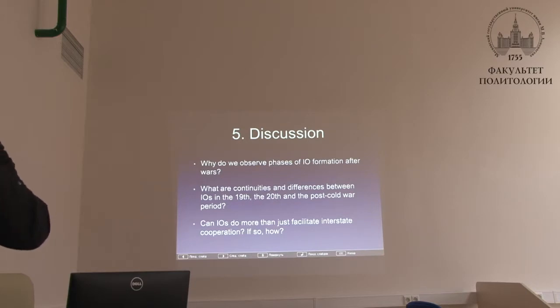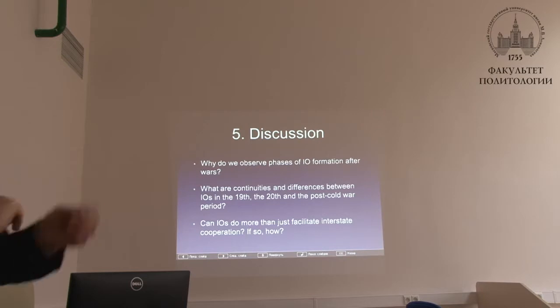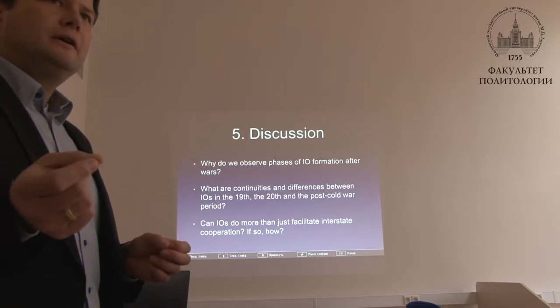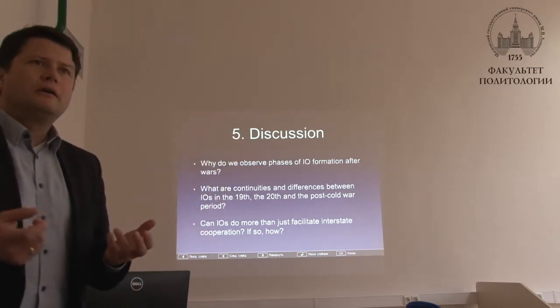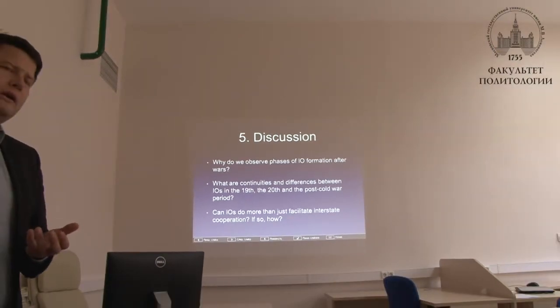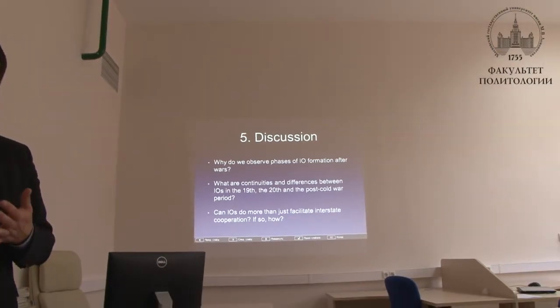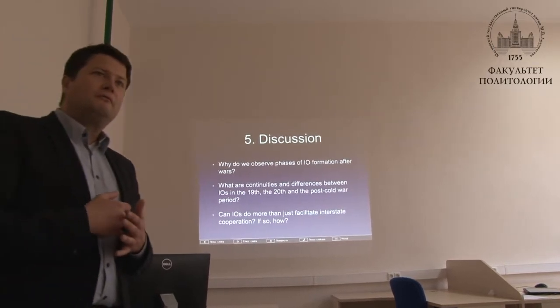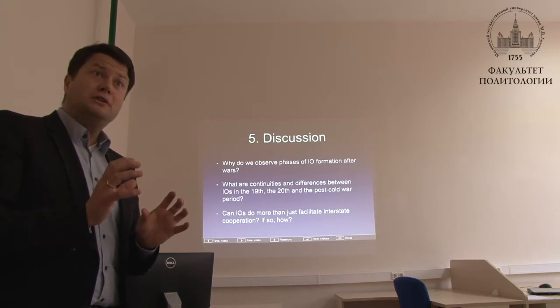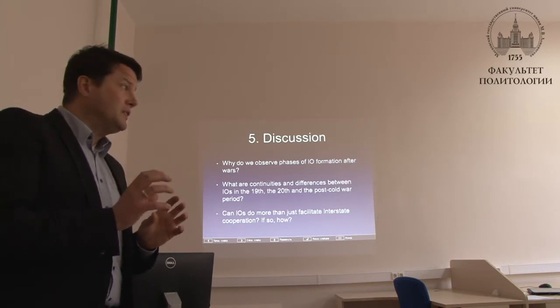Okay, then let me give you a few illustrations, because this is exactly the bridge that I'm going to build to the next part of the lecture. An example could be, probably the best example for that is the European Union. This is the only international organization that has really supranational elements, like the European Commission or the European Court of Justice.